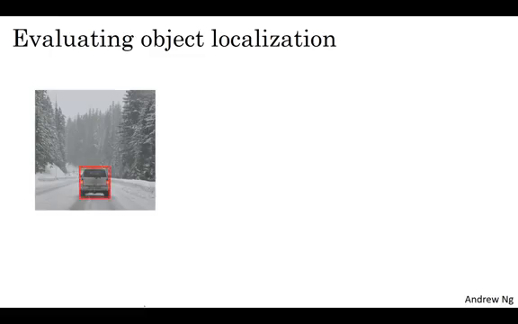So if that's the ground truth bounding box, and if your algorithm outputs this bounding box in purple, is this a good outcome or a bad one? What the intersection over union function, or IOU, does is it computes the intersection over union of these two bounding boxes.